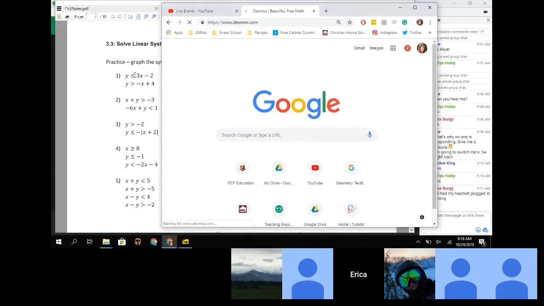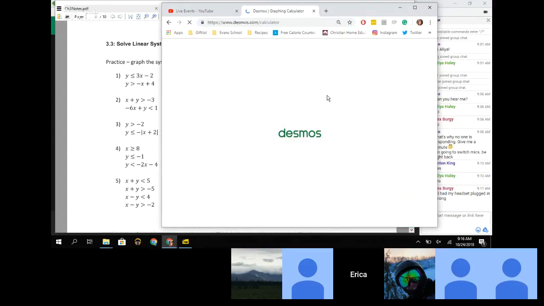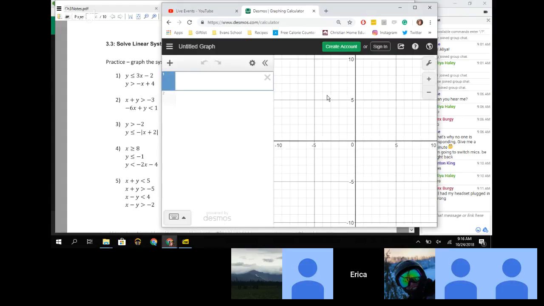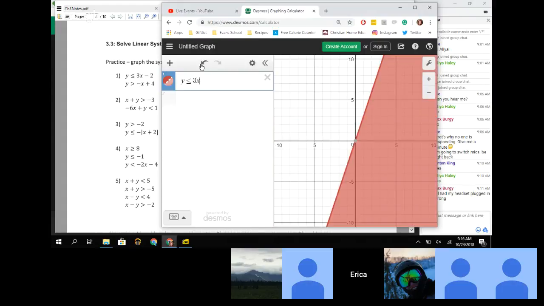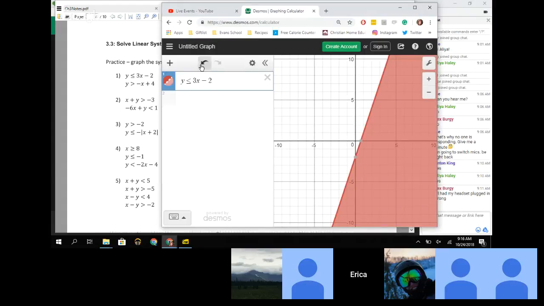Number one, we have y is less than or equal to 3x minus 2. When I type this into Desmos, there are a couple of options.